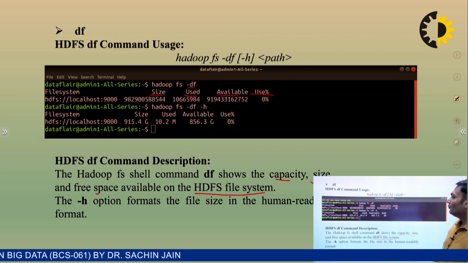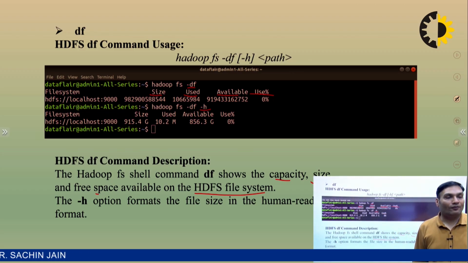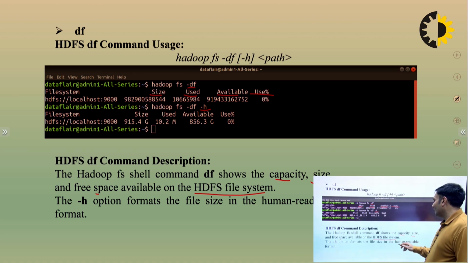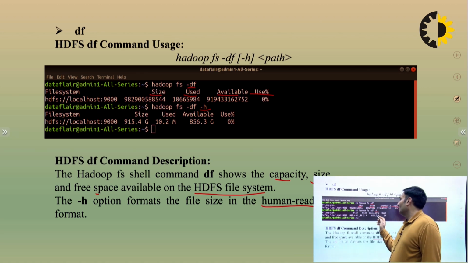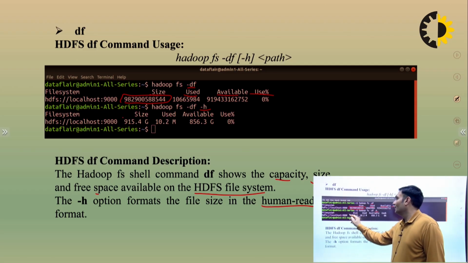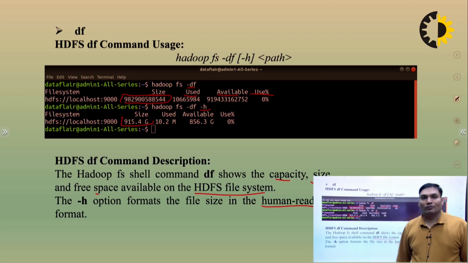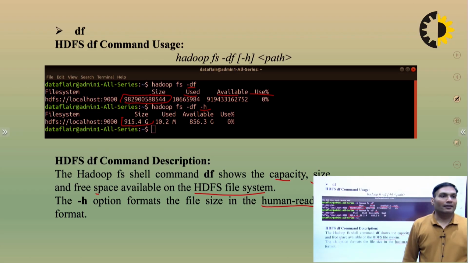And if we put -h in front of this df command, then it will format the file size in a human readable format. Like here the values are in the form of long integers. Here the values are in the form of gigabytes, megabytes or percentages. So humans can understand easily.